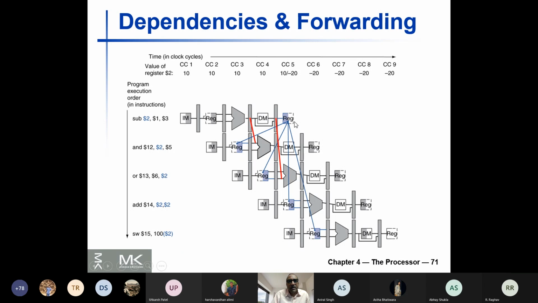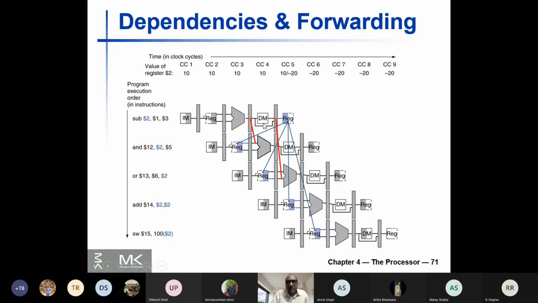The following instruction operates on the changed value, minus 20, but the proper register data will be available only in clock cycle 6, because in clock cycle 5 the data is just being written. But in the AND instruction we need to perform the execution in clock cycle 4 itself.